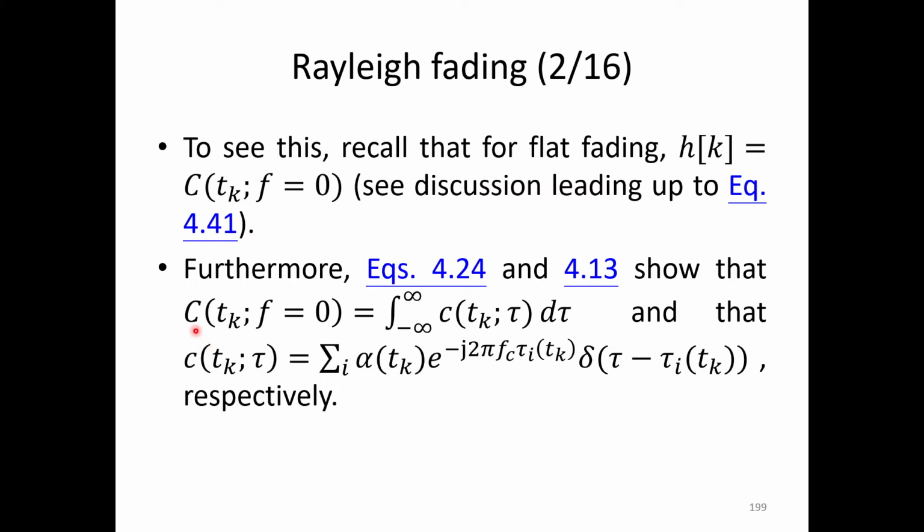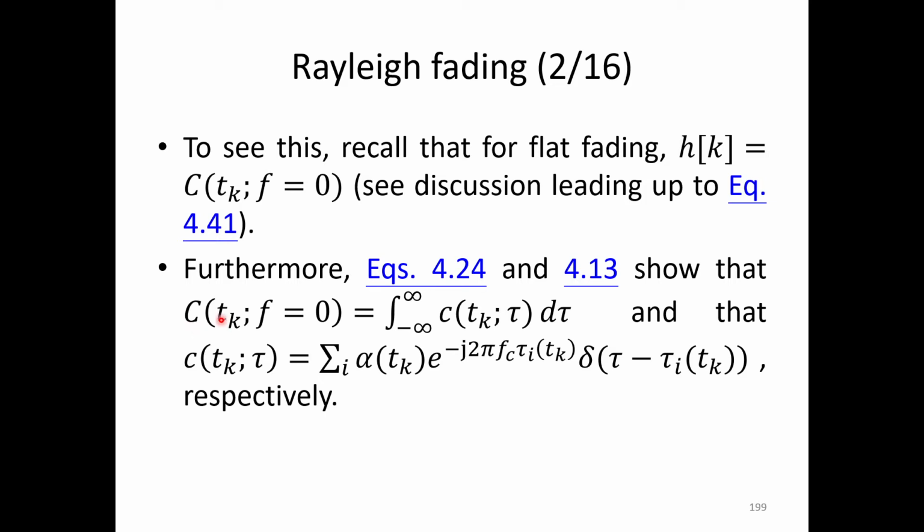Okay, capital C is equal to the capital C of tk, f being equal to 0, is equal to the integration from minus infinity to infinity, and the integrand is small c of tk tau d tau.